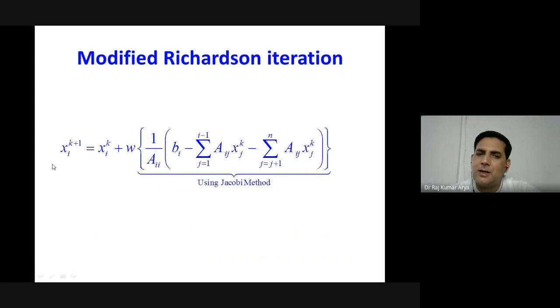Here you are not using the updated value. Whatever values you calculate in set 1, you multiply all of them by a particular weight, add them to the old one, and that would be your new set. The new set would be used in the next trial only, not in between, unlike Gauss-Seidel.